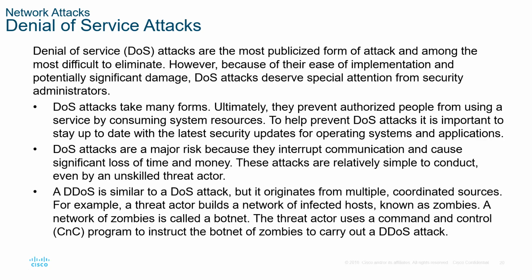Requests come in, it shunts them to ground. It basically drops all the packets. The problem is it takes up massive amounts of resources in order to do that. The benefit is the resource that actually is being protected stays online.